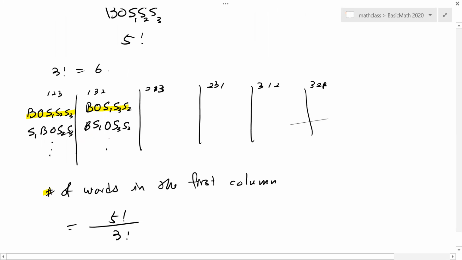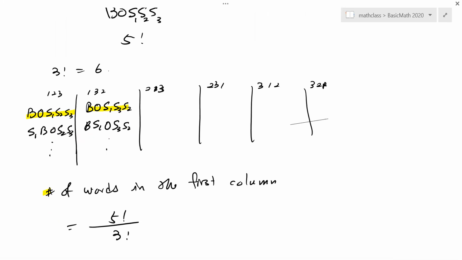Now we understand why I have to divide by 3 factorial. If you have 3 identical letters and label them S1, S2, S3, you have a total of 5 different letters, distributed in 6 groups, 6 columns.